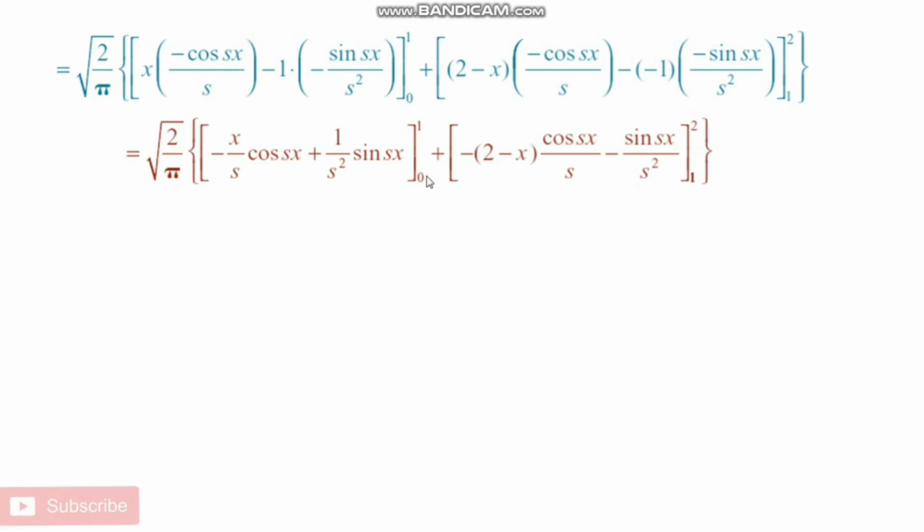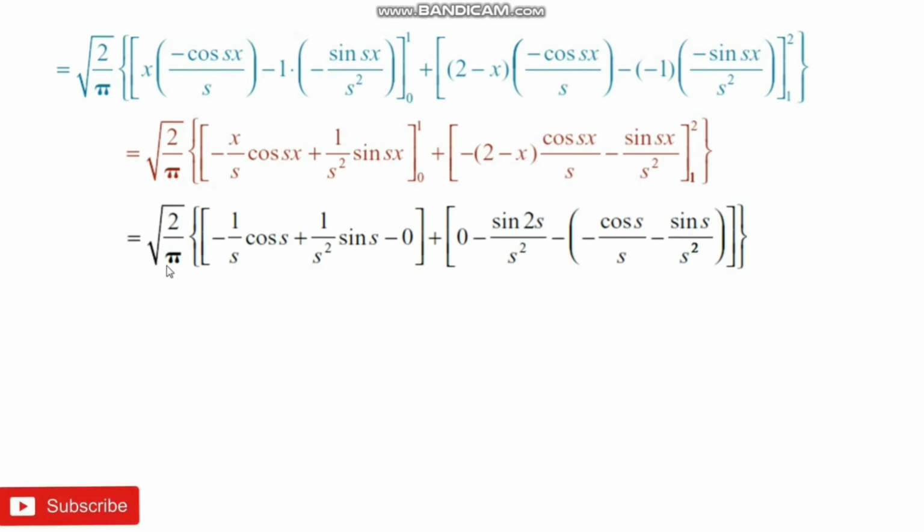Consider the limits between 0 and 1. Plus it has a negative 1 times negative 1 into 2 minus x, negative of 2 minus x cosine sx by s. It has a negative 1 cube, that is negative 1, sine sx by s square. Consider the limits between 1 and 2 for x.